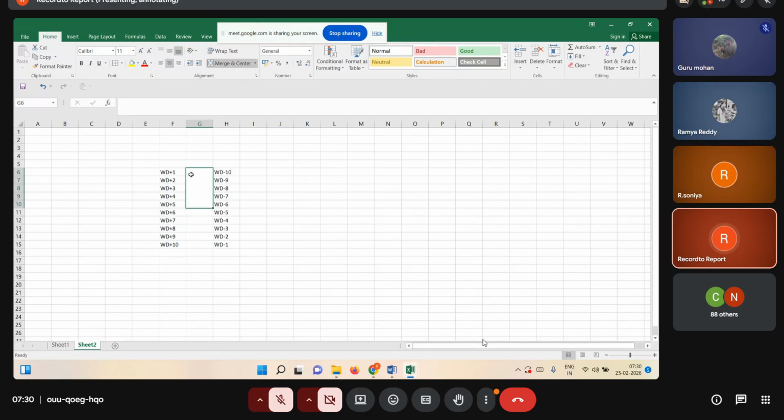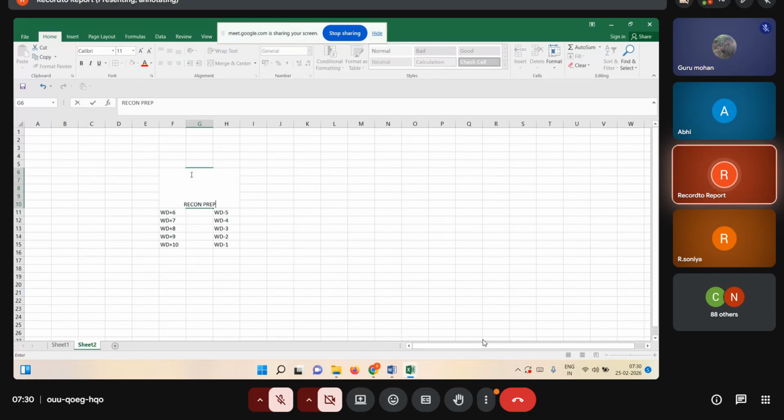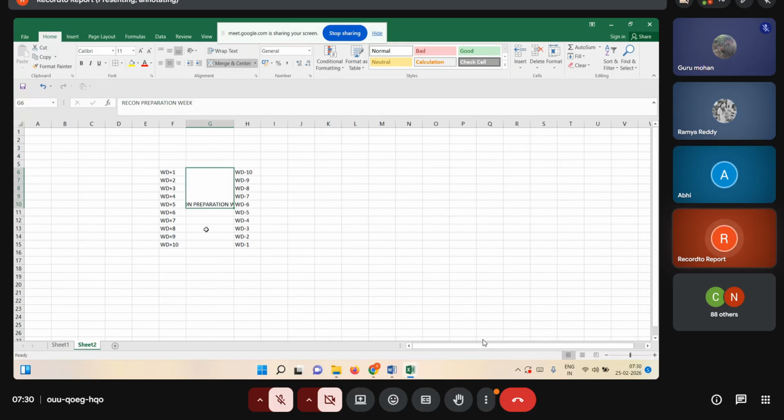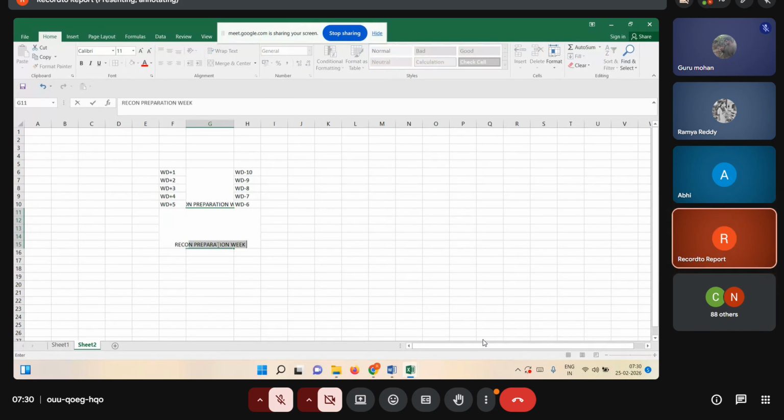How many working days per week? 5 days. The first week will be called the recon preparation week. The second week of a month will be called the recon approval and submission week.